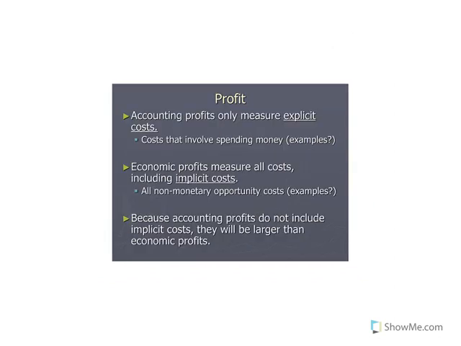Another way to think of the difference between accounting profit versus economic profit is to think of the costs that a firm incurs in terms of explicit costs versus implicit costs. So explicit costs, we all know what explicit is. In other words, that is an actual tangible cost to the firm. In other words, you can measure it.